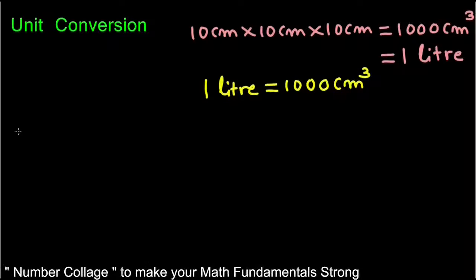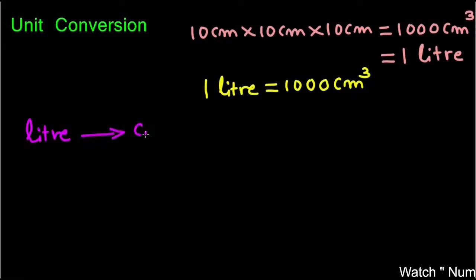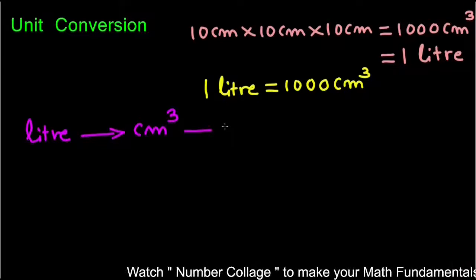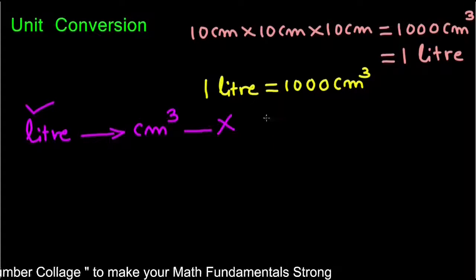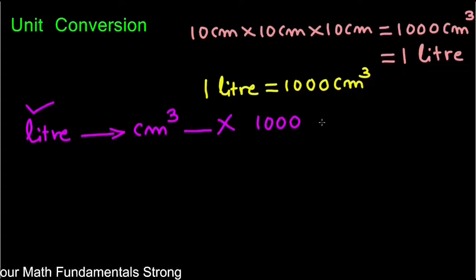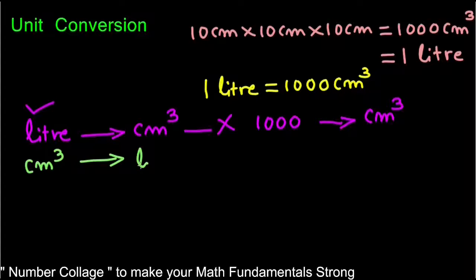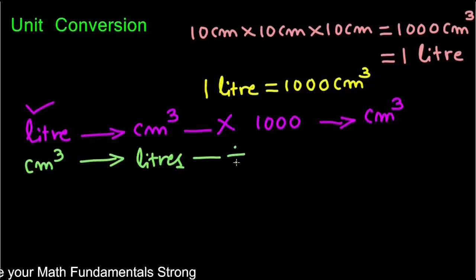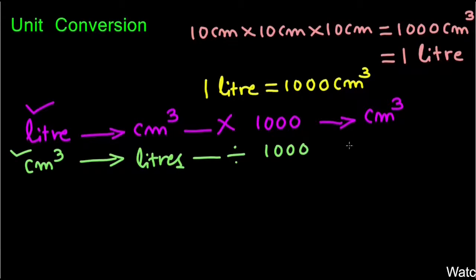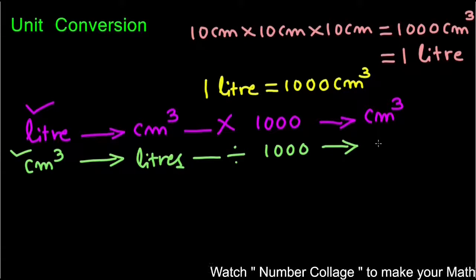So therefore, to convert liter to cm cube, we have to multiply the liters by 1000 to get cm cube. Conversely, if we want to convert cm cube into liters, we have to divide this cm cube by 1000 to get volume in liters.